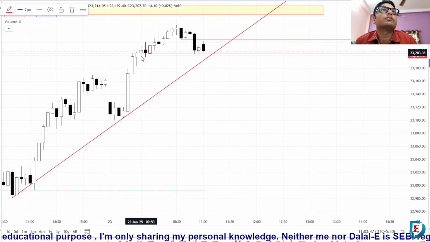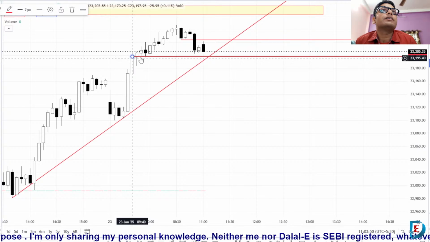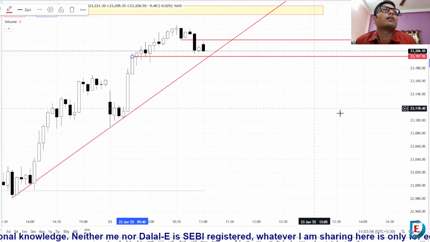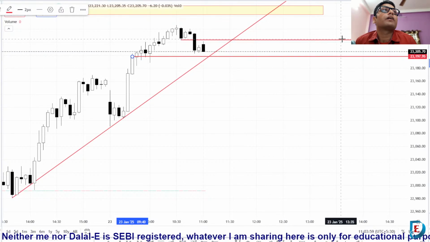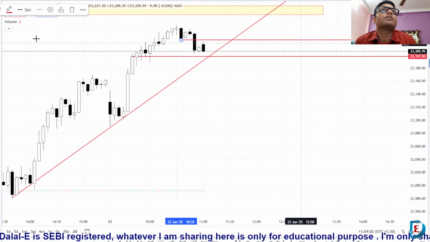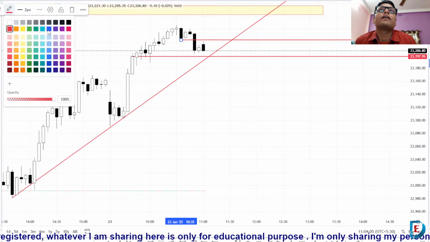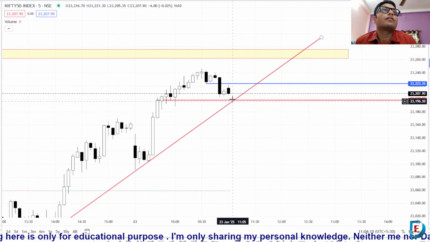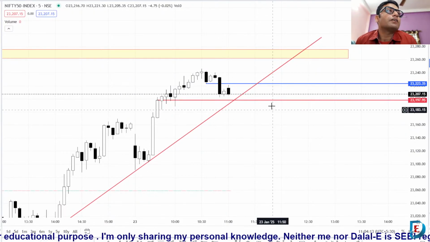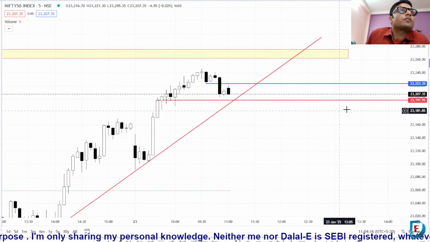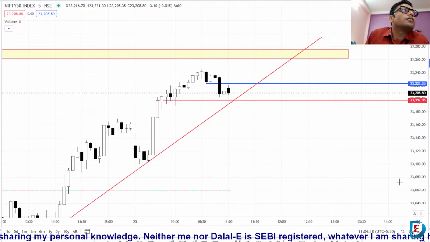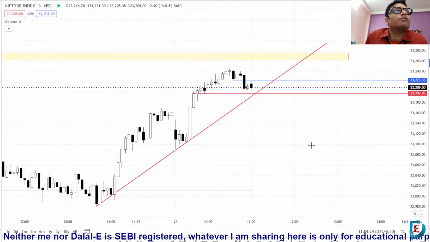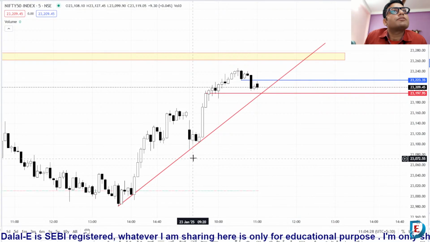So I take this area instead of this upper side area. Price first broke this level like this blue line, and then if price closes below 23,197, maybe a fresh fall will be started.